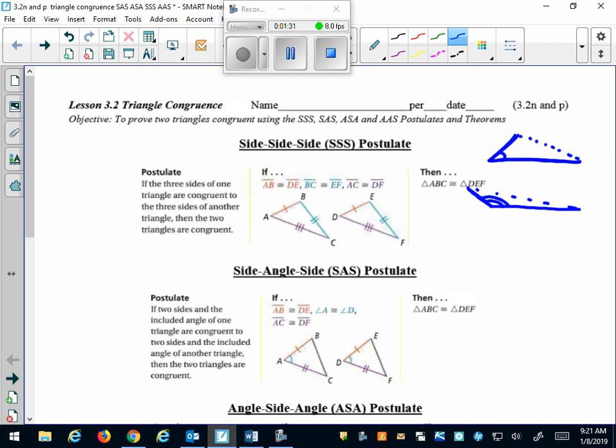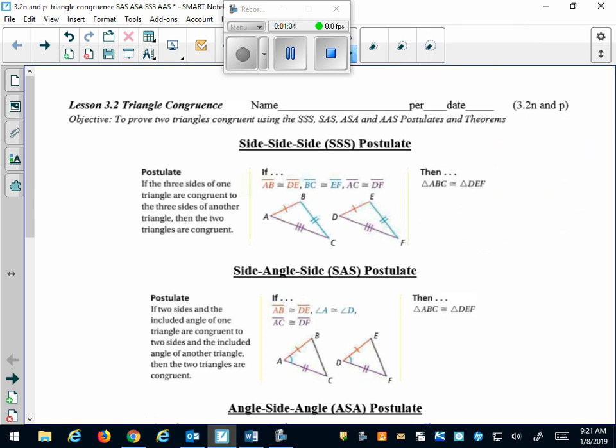Because like we defined the other day, for two triangles to be congruent, all of the corresponding angles are congruent, and all of the corresponding sides are congruent. So if we were going to list all the corresponding angles and what's congruent to what, there would be three pairs of angles congruent to each other, and three pairs of sides congruent to each other, right?